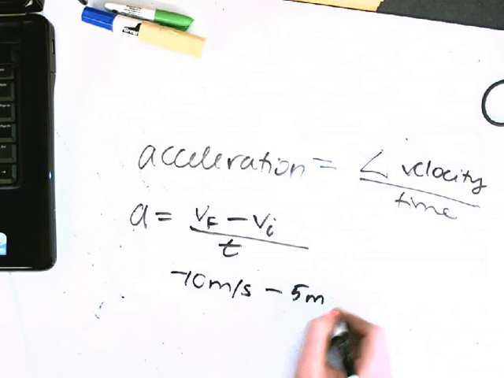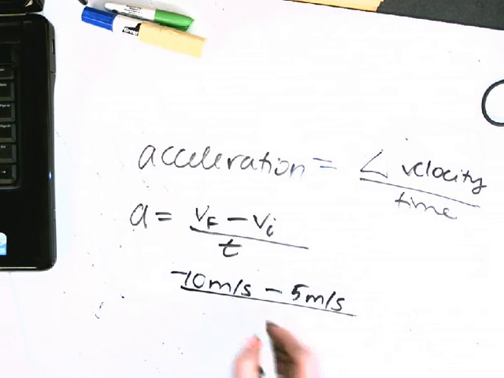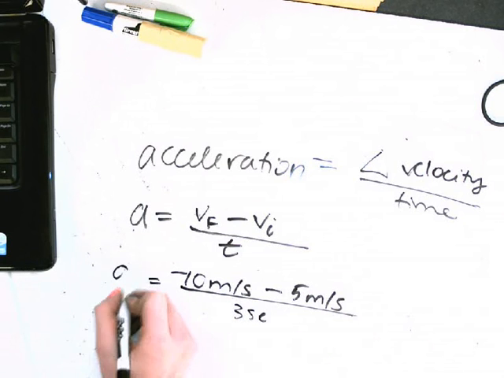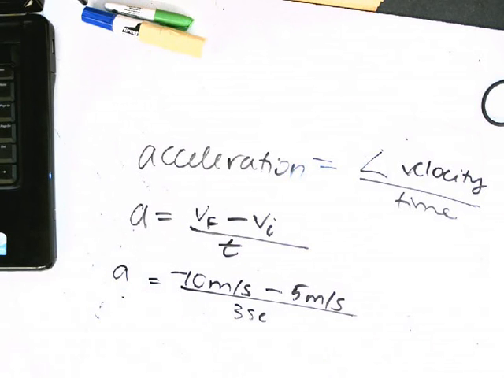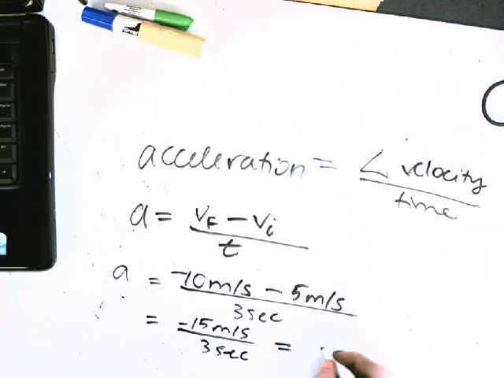And the time is 3 seconds. So, you're trying to find your acceleration. That would be negative 15 meters per second over 3 seconds, which equals negative 5 meters per second squared. And that would be your acceleration.